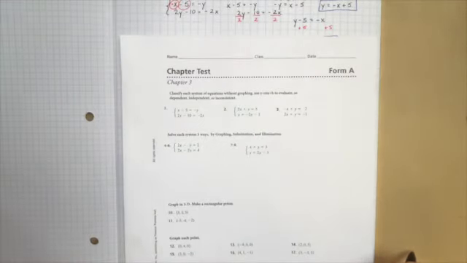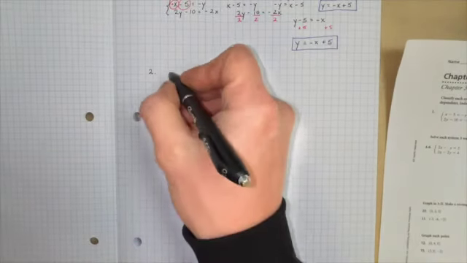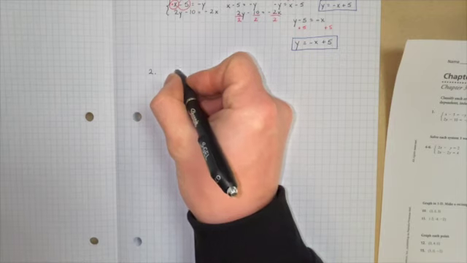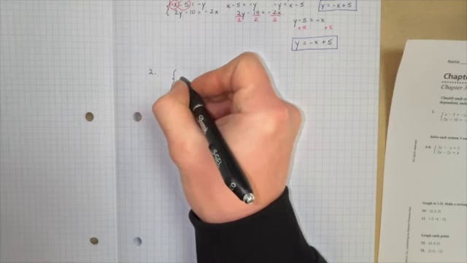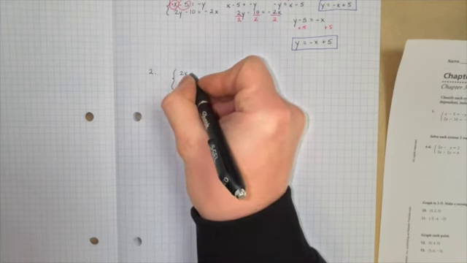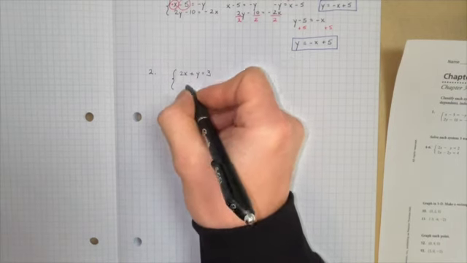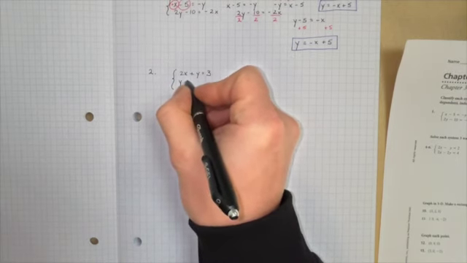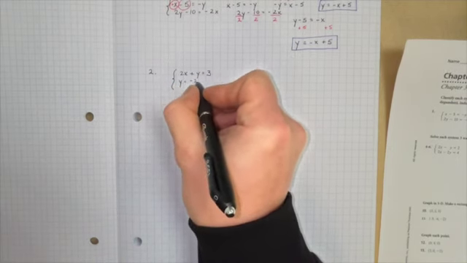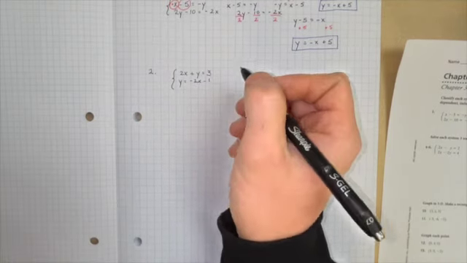So I'll rewrite this equation. X plus y is equal to 3, and y is equal to negative 2x minus 1.